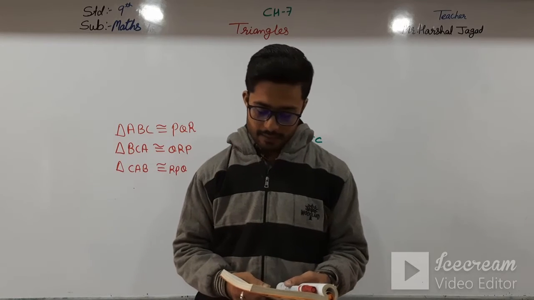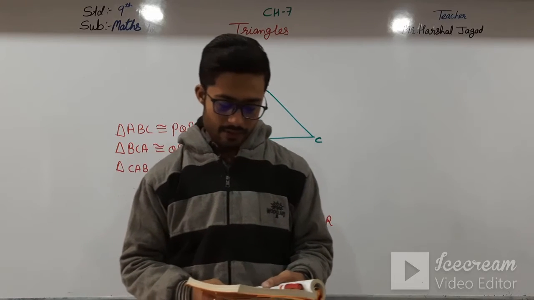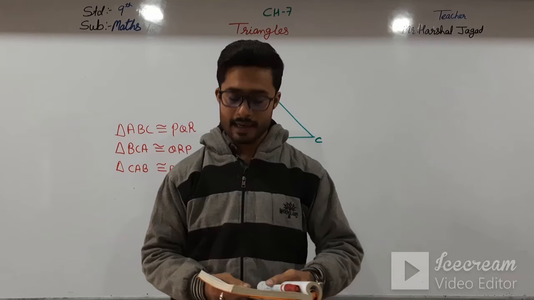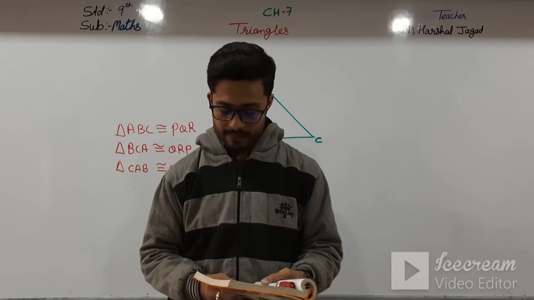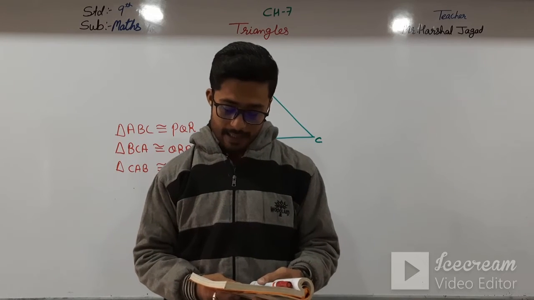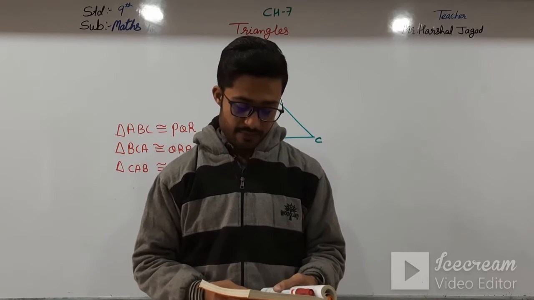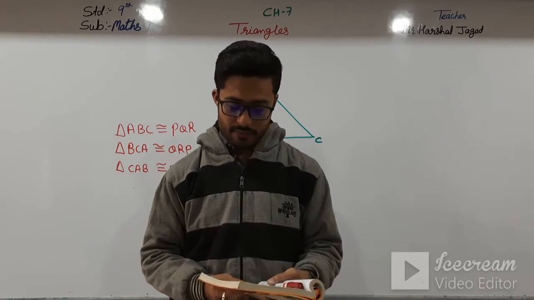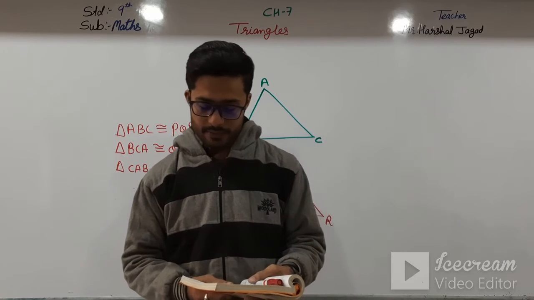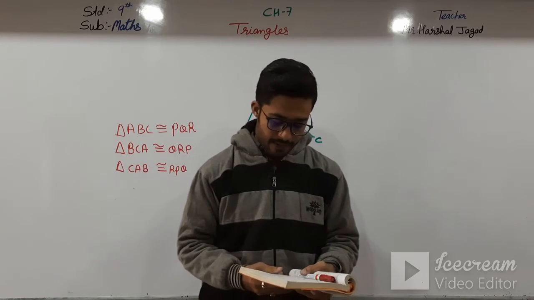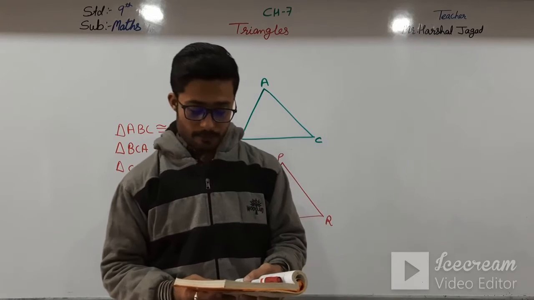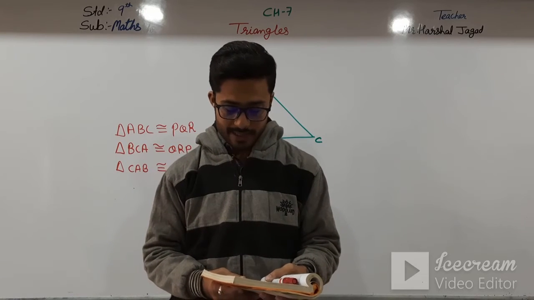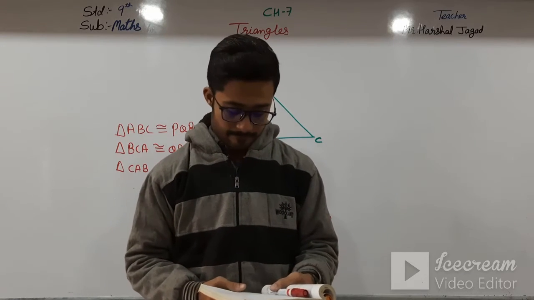Angle P covers angle A, angle Q covers angle B, and angle R covers angle C. Also, there is a one-to-one correspondence between the vertices: P corresponds to A, Q to B, and R to C.